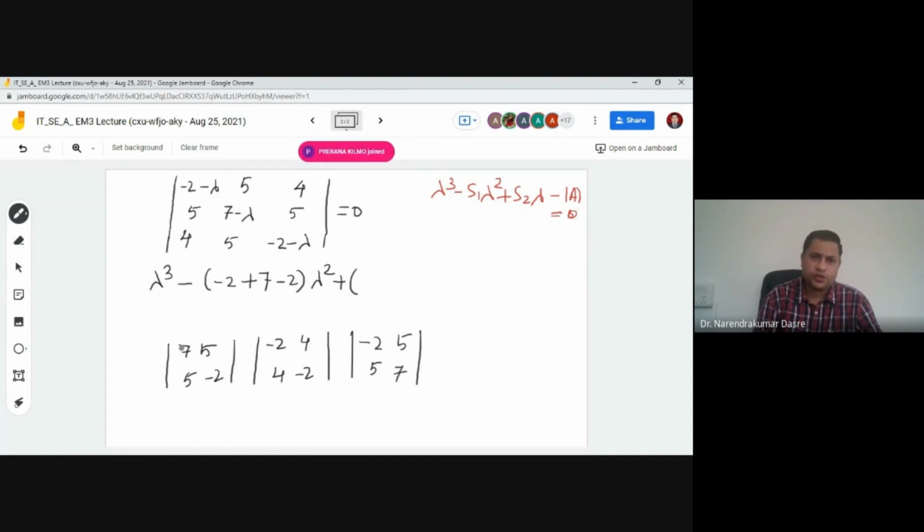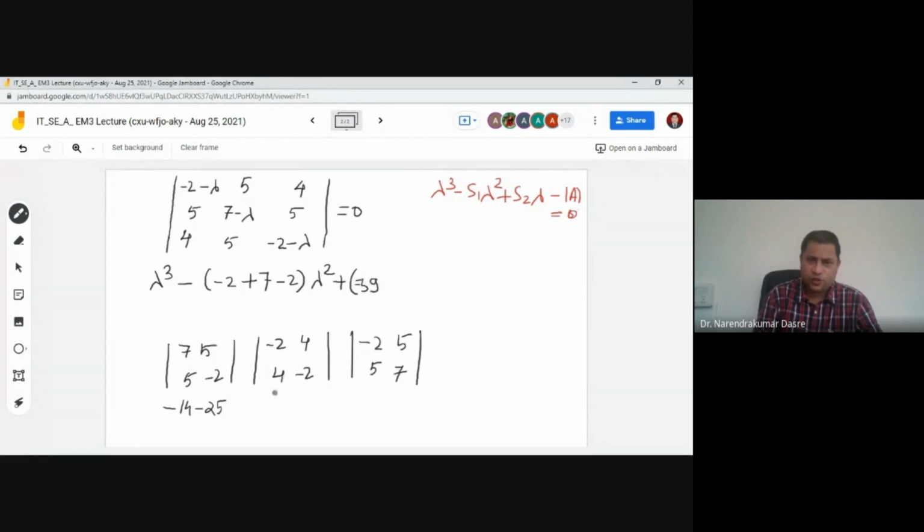What is the value of this? This is minus 14 minus 25, so minus 39.